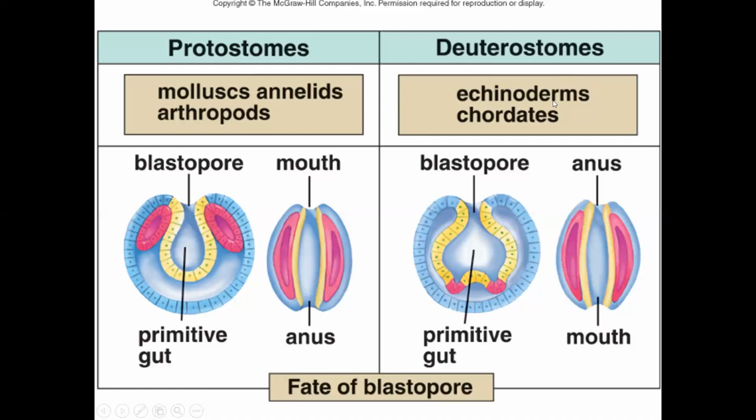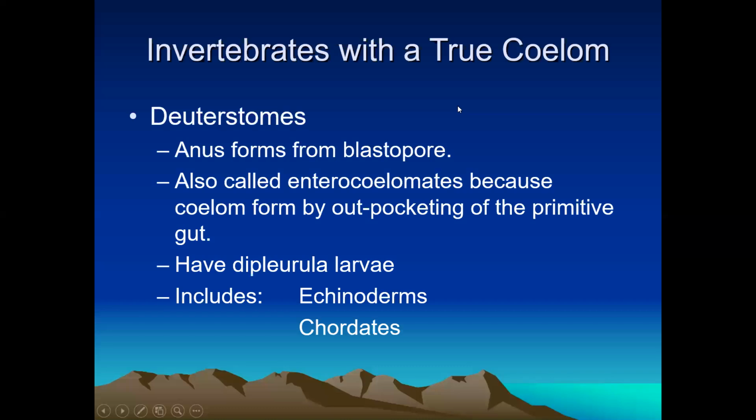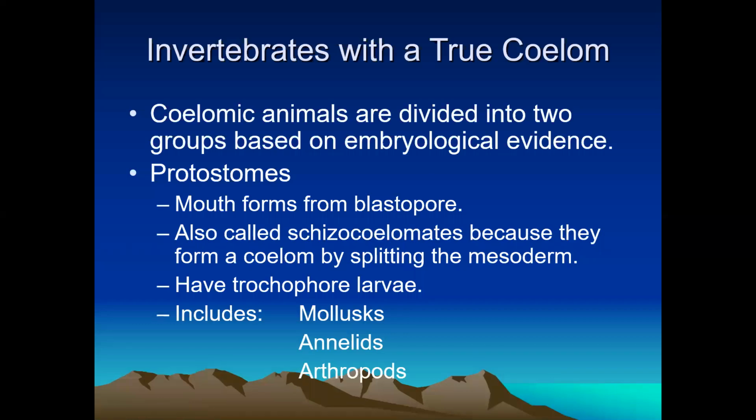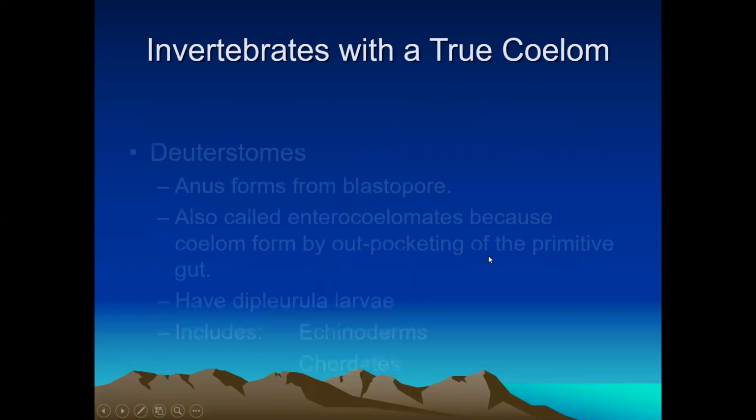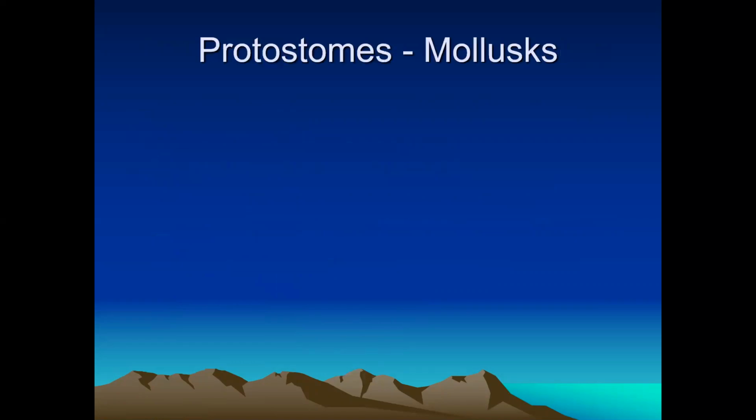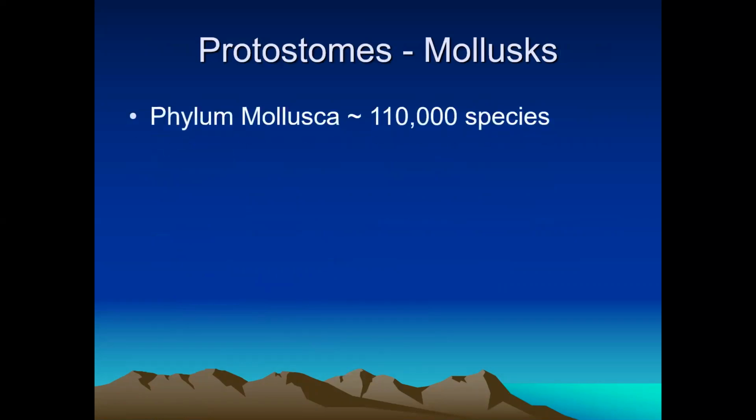And the two phyla in that grouping are Echinodermata and Chordata. And that's us. We are in the phylum Chordata. I think with that I have pretty much summed up what's on these two slides using the picture there. So I will move on into talking about each of the phyla.